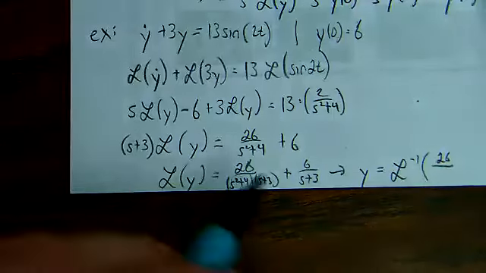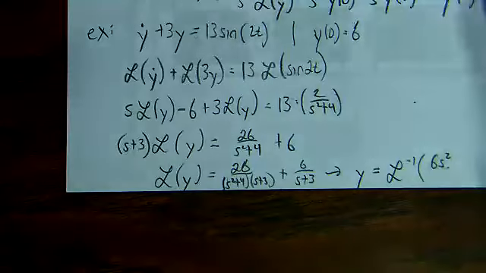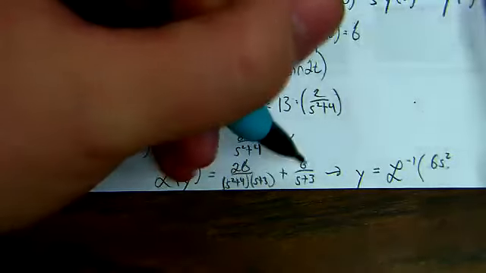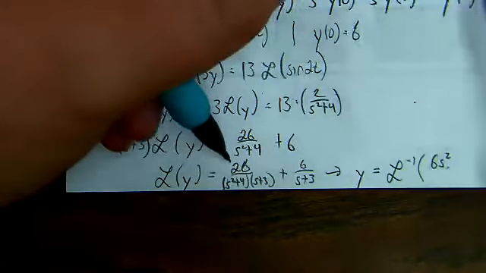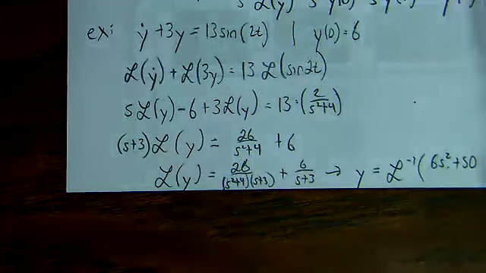And so y then would be the inverse Laplace, the function whose Laplace transform is 26 over... Let's go ahead and combine this so that it's a single fraction. Multiply this by s squared plus 4 over s squared plus 4. I get 6s squared plus 24 plus 26, so plus 50, over s squared plus 4, s plus 3.